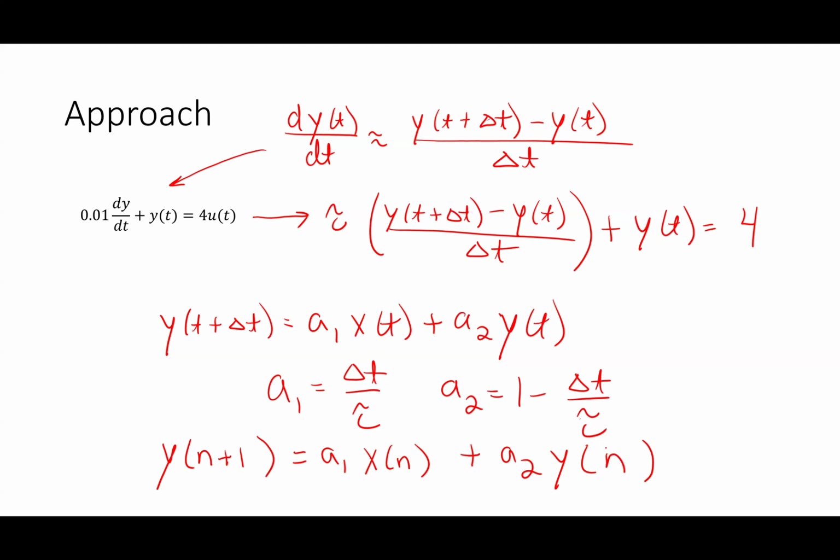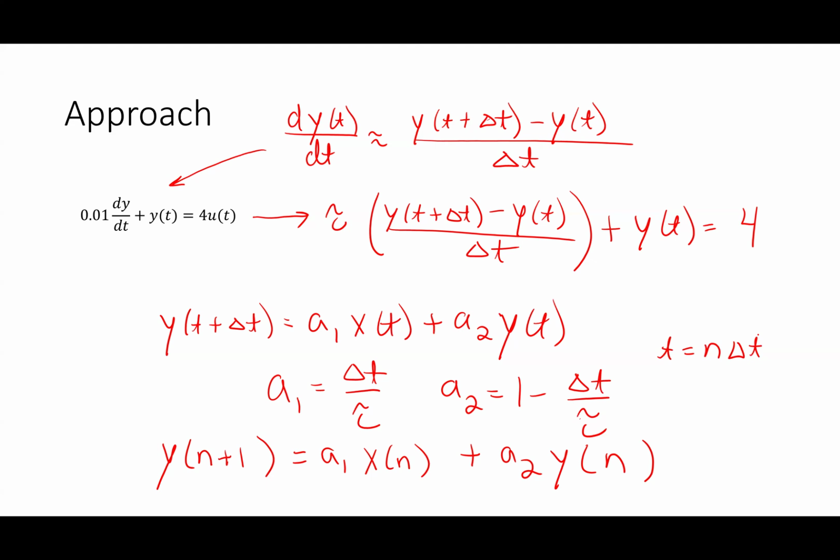All right, so in other words, the next value in the y vector is related to the current value in the x vector and the current value in the y vector. Those two things are true if my t is equal to n delta t, like we've said. So the t vector skips an integer number of delta t's every time step.